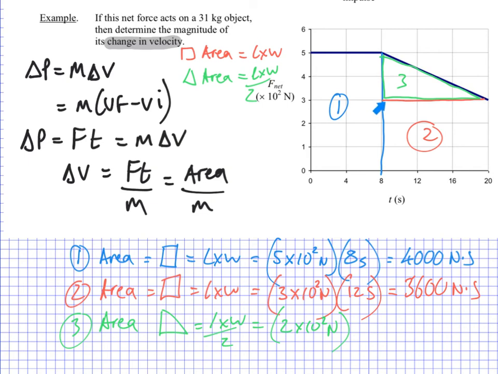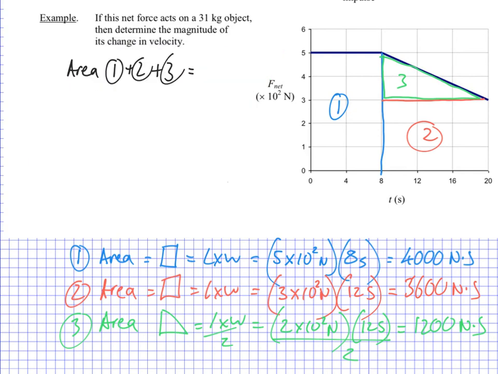And then I'm going to go from 8 seconds to 20 seconds. So there's my 12. Okay, 12 seconds. Now it's a triangle, so this whole value has to be divided by 2. And that's going to give me 1,200 Newton seconds.